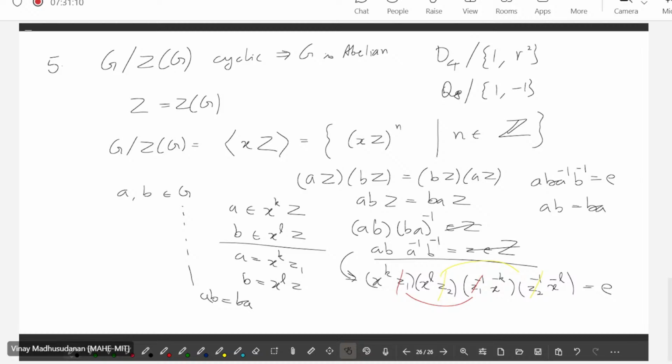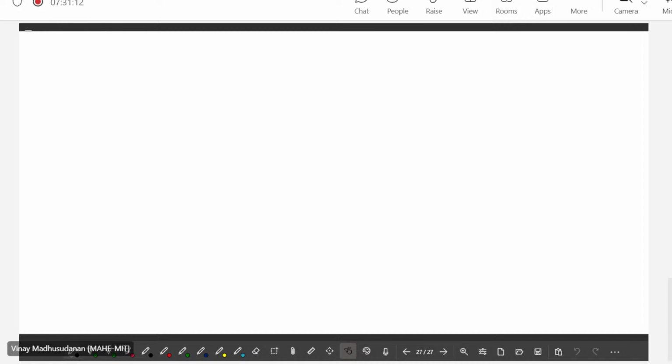Okay. You want to show Z of G equal to, which is of course true ultimately. So you're assuming it's finite. Okay. So it's generally true. Not just for finite groups, but okay, fine.